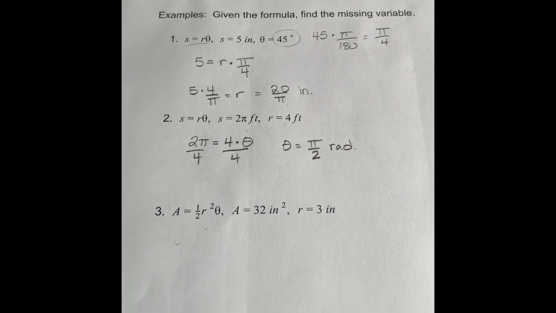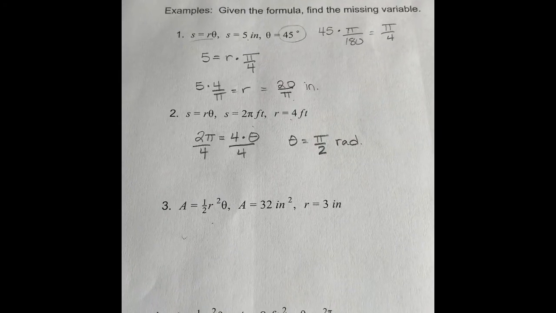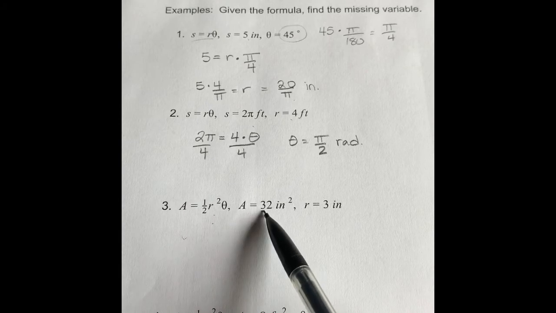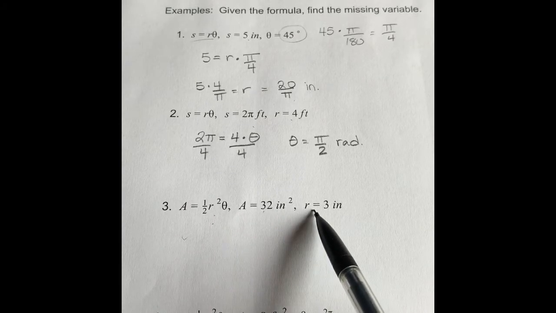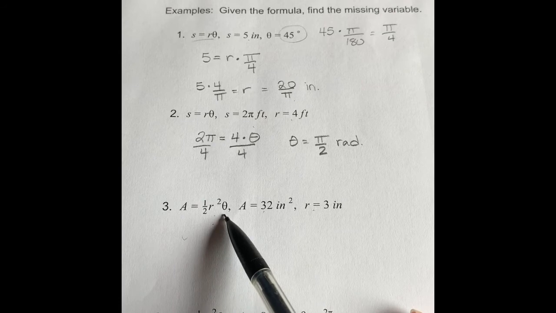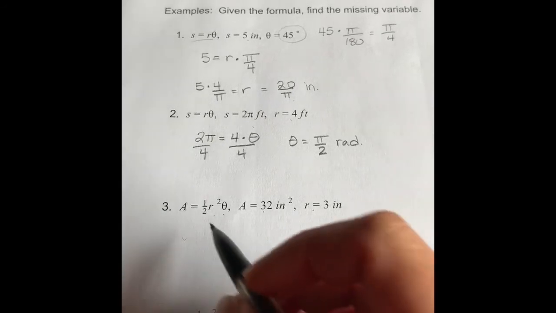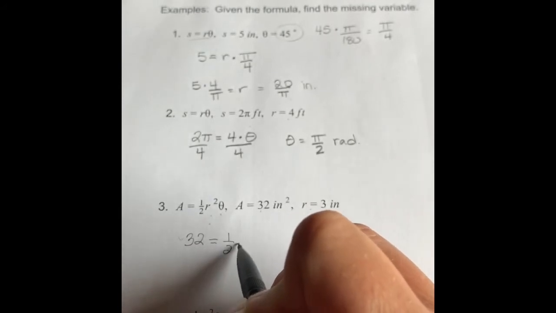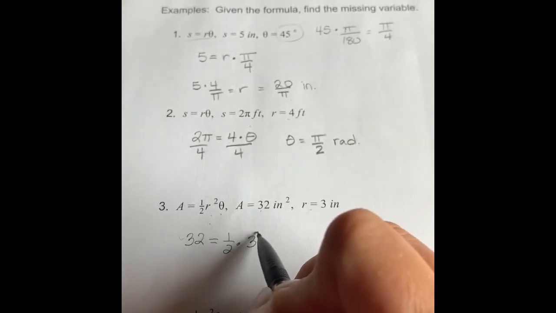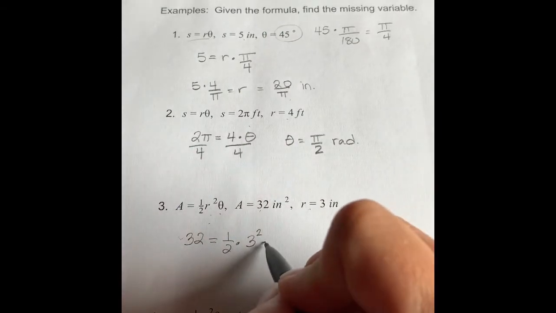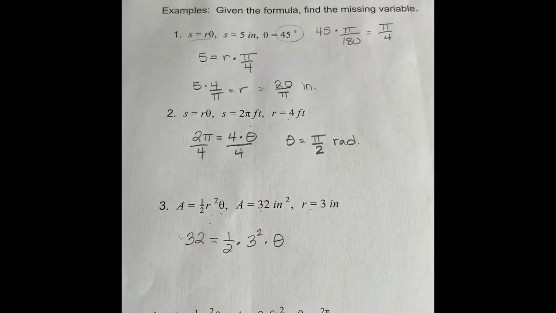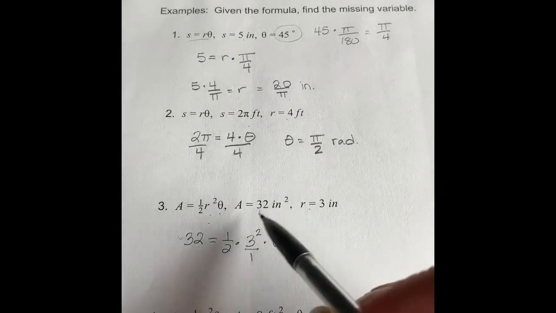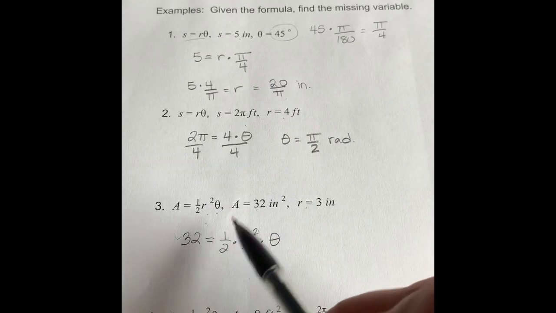On number 3, we're going to use the formula to find the area of a sector. We're given the area, and we are given the radius, so obviously we're looking for the central angle theta. We're just going to plug everything in. Our A is 32 equals 1/2 times our radius, which is 3 squared, times theta. Remember, this is the same thing as saying over 1. So 3 squared is 9, and 9 times 1 is 9.